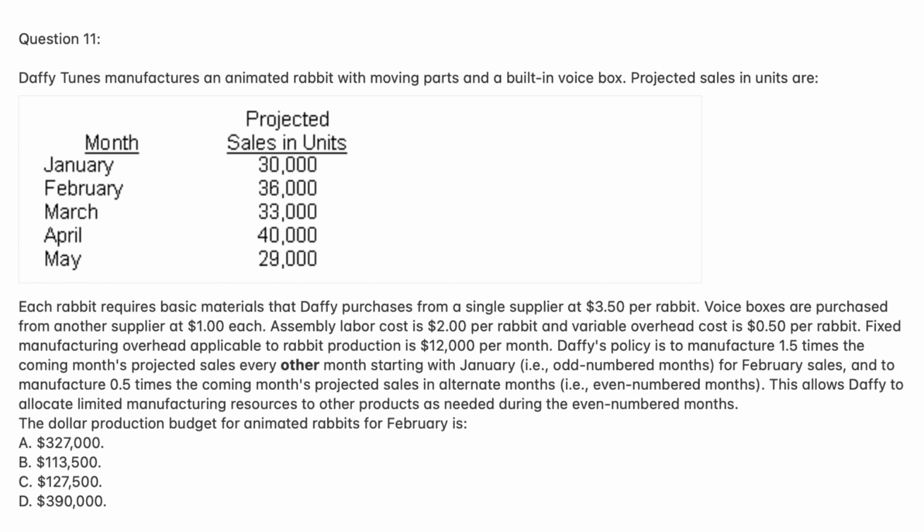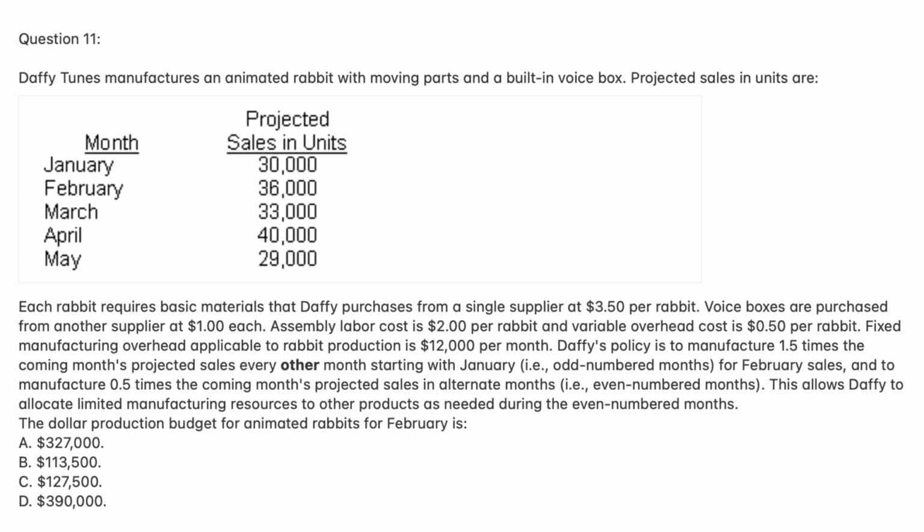Fixed manufacturing overhead applicable to rabbit production is $12,000 per month. Daffy's policy is to manufacture 1.5 times the coming month's projected sales every other month starting with January, i.e., odd-numbered months, for February sales, and to manufacture 0.5 times the coming month's projected sales in alternate months, i.e., even-numbered months. This allows Daffy to allocate limited manufacturing resources to other products as needed during the even-numbered months.